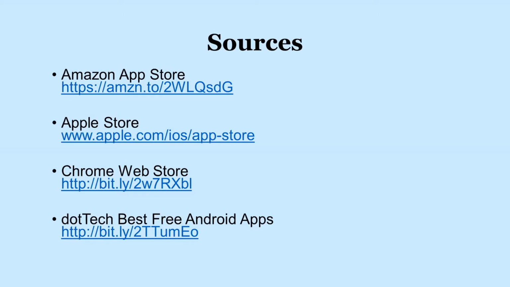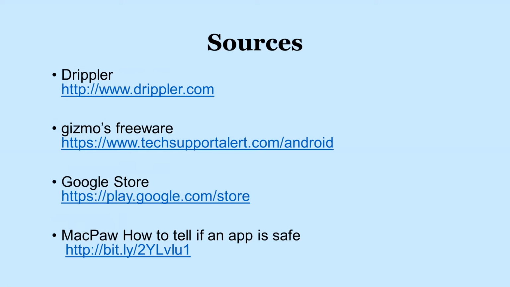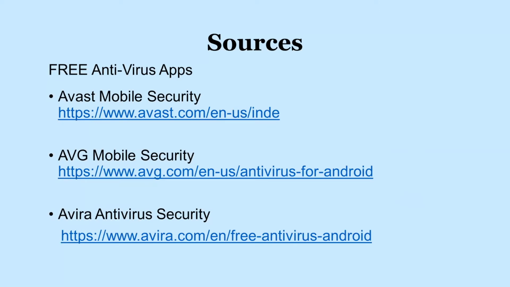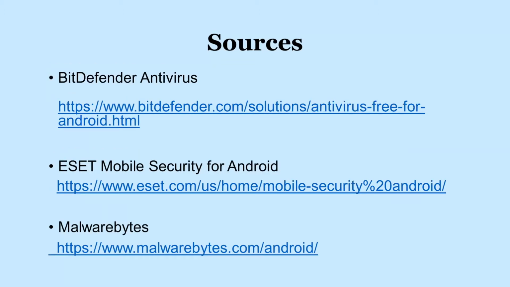Amazon, Apple, Chrome, .tech, Drippler, Gizmos Freeware, the Google Store, MacPaw, how to tell if an app is safe, Make Use Of for Android, Tech Radar Pro, which is security app reviews, how to make sure your apps are safe with Google Play Protect, free antivirus, now Avast, AVG, Avira, Bitdefender, ESET, and Malwarebytes.